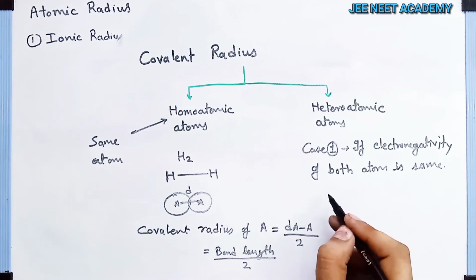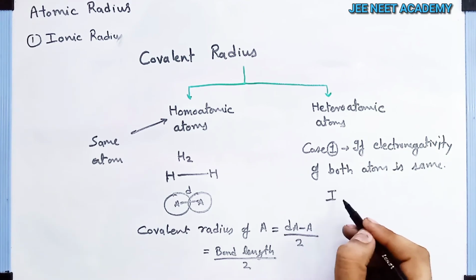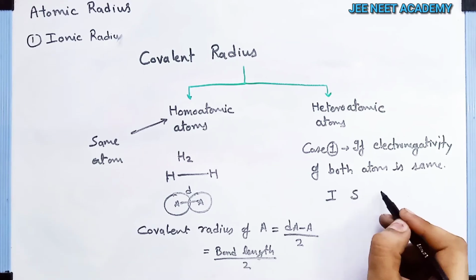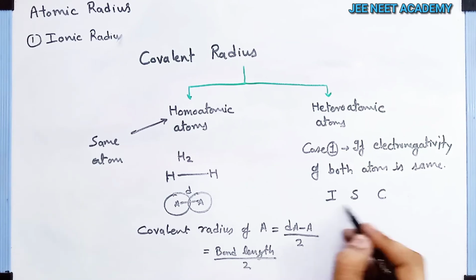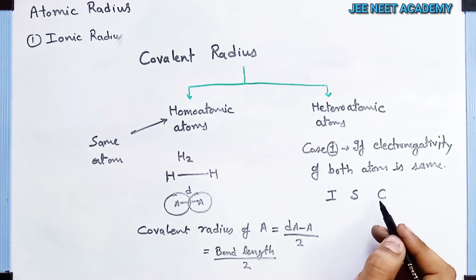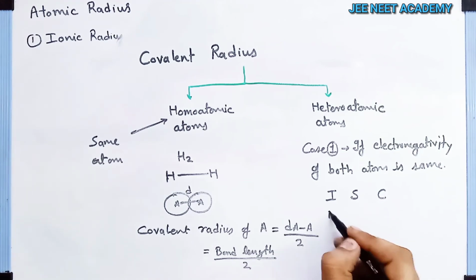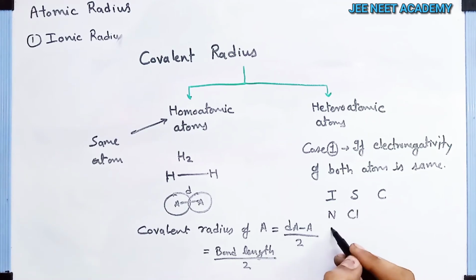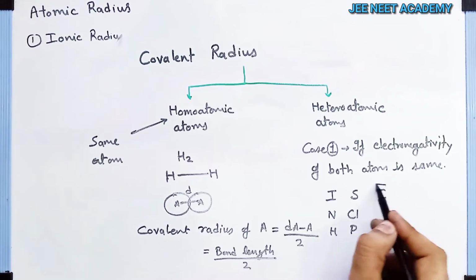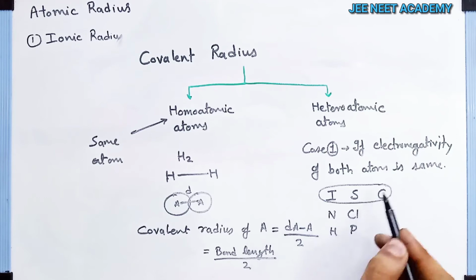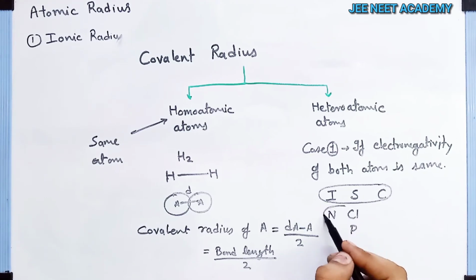For example, iodine, sulfur, carbon. All three elements have the same electronegativity. Then nitrogen and chlorine, and hydrogen have the same electronegativity as phosphorus. There is a very small difference between the electronegativity of these elements. So this is the one where the electronegativity will be the same.